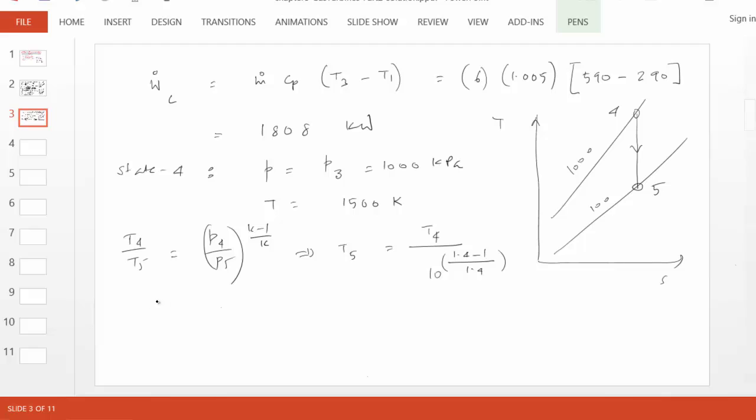Solving this, we obtain T5 as 776 Kelvin.